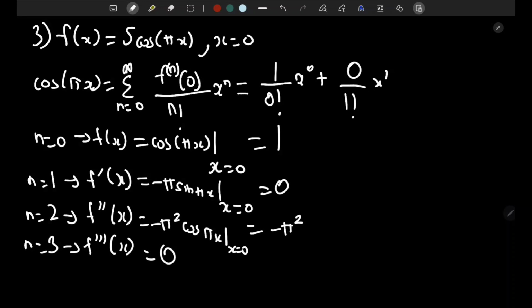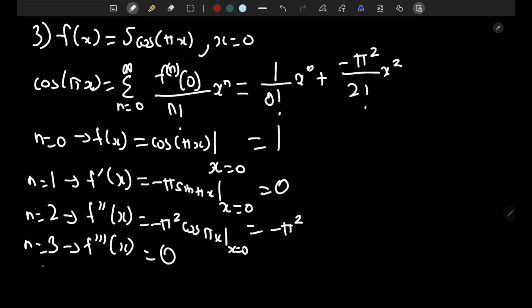So what I mean to say is, whenever you have a 0 as one of the terms, you ignore them, and you don't count them as your first or second term, you just ignore them. So that's what I'm going to do. I'm going to jump to the next term which has a value. So the next one is negative pi squared over 2 factorial multiplied by x to the power of 2.